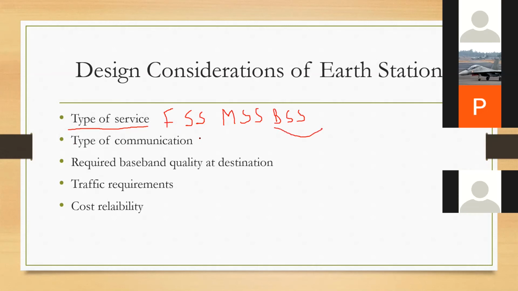Then the type of communication, whether you want to have telephony, data transmission, or streaming videos. What kind of information you want to send, that is the type of communication, will decide our earth station. Then the required baseband quality, definitely quality is important.